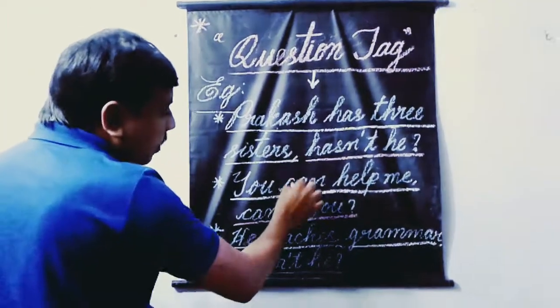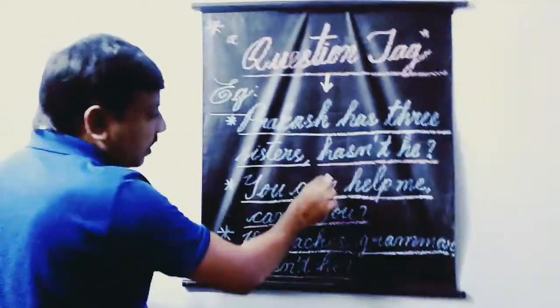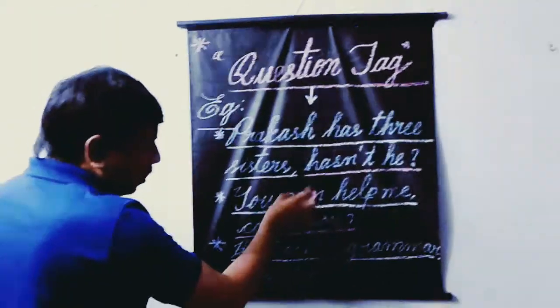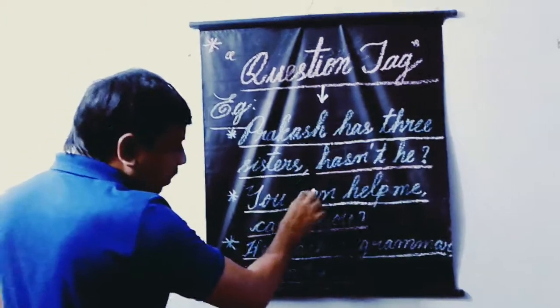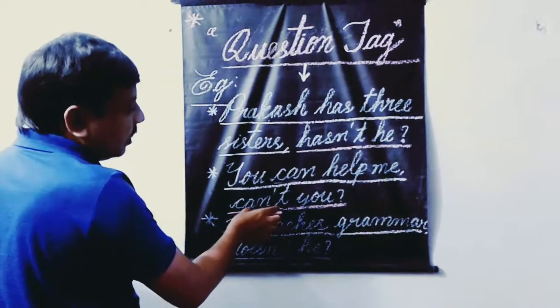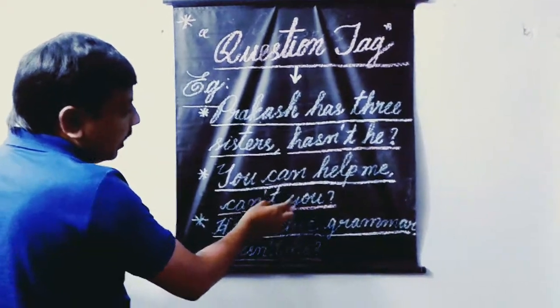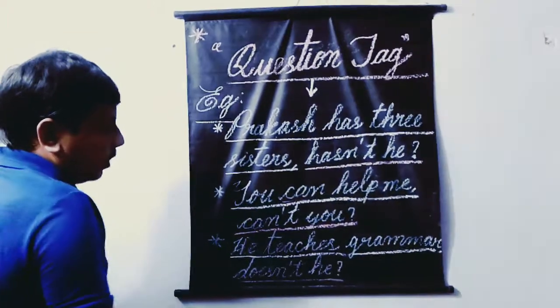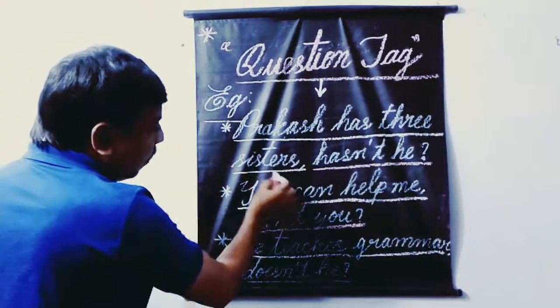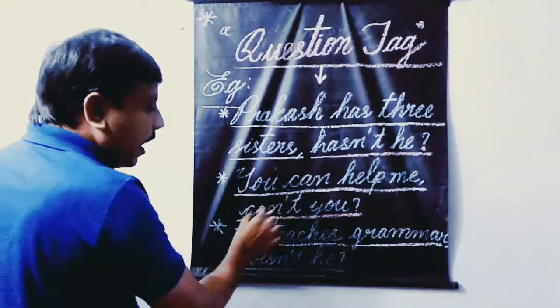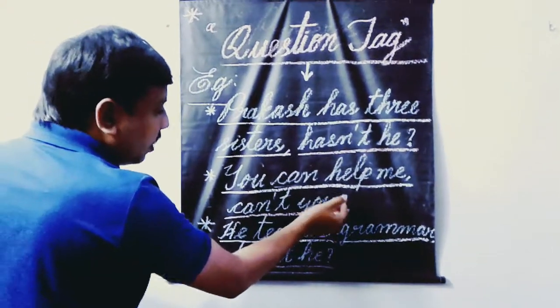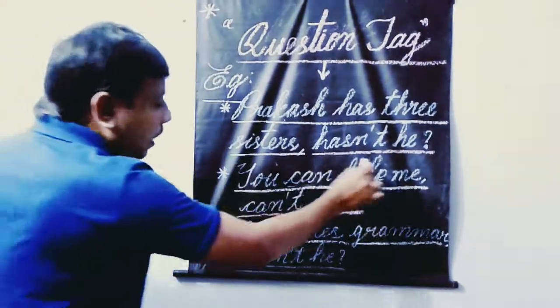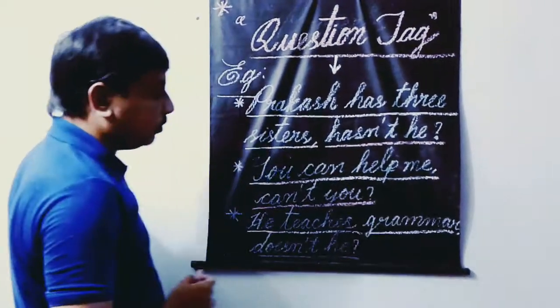When you find an anomalous finite verb in the given statement, that anomalous finite verb is repeated in the question tag in the negative form. Later here the pronoun you can be used as you itself. You can help me, can't you?